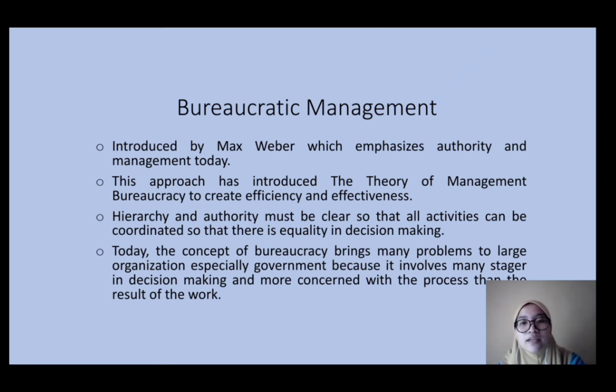Today, the concept of bureaucracy brings many problems to large organizations, especially government, because it involves many stages in decision making and a more conservative process than the result of the work.